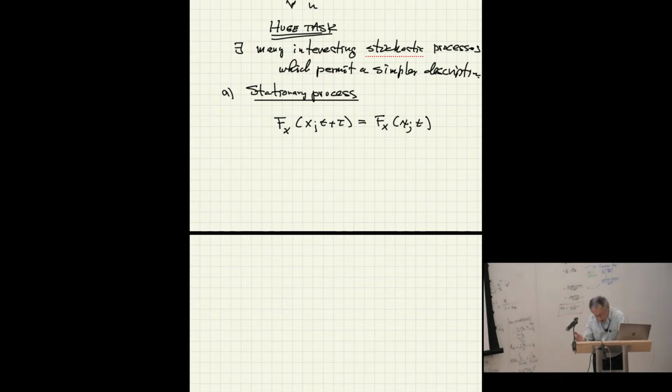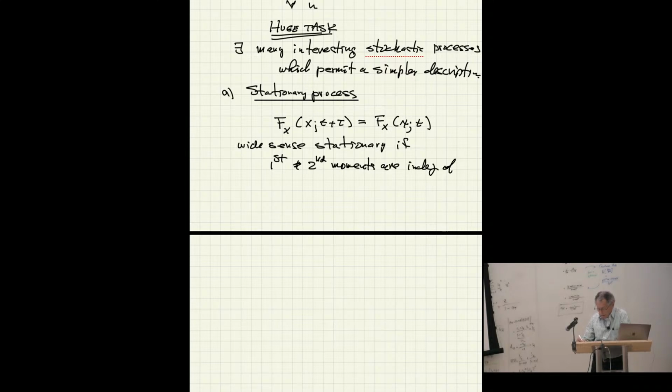And there's a whole study of stationary processes. There's something called wide sense stationarity. If the first and second moments are independent of tau. Not the whole distribution, as said above, just the first and second moments. Independent of tau.